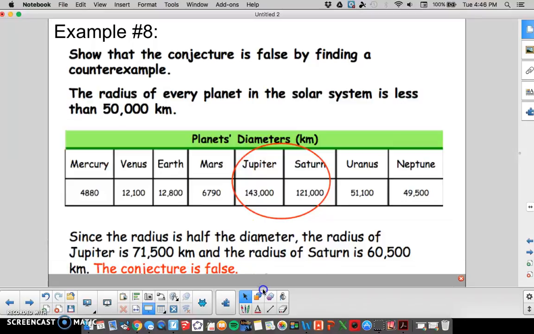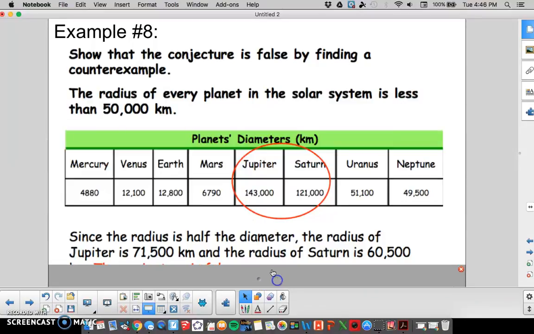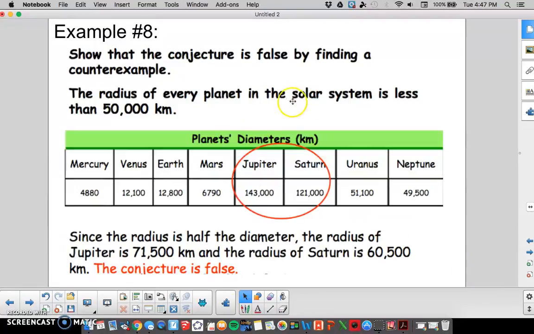Well, remember, the radius is just half the diameter. When we find the radius of both Jupiter and Saturn, we see that theirs are greater than 50,000 kilometers. So because those are greater, we've disproved that all of them are less. So that conjecture is false.